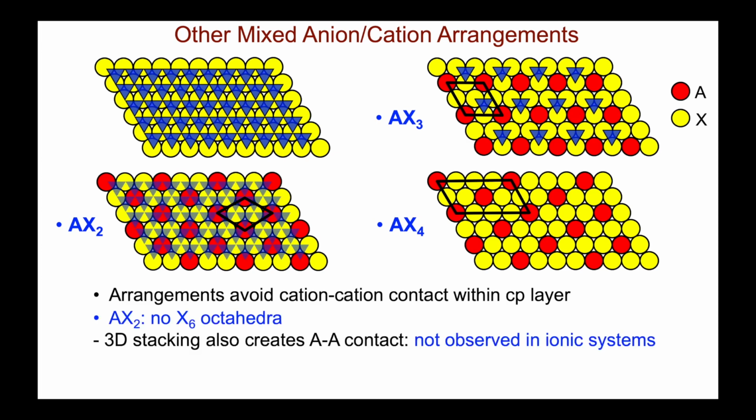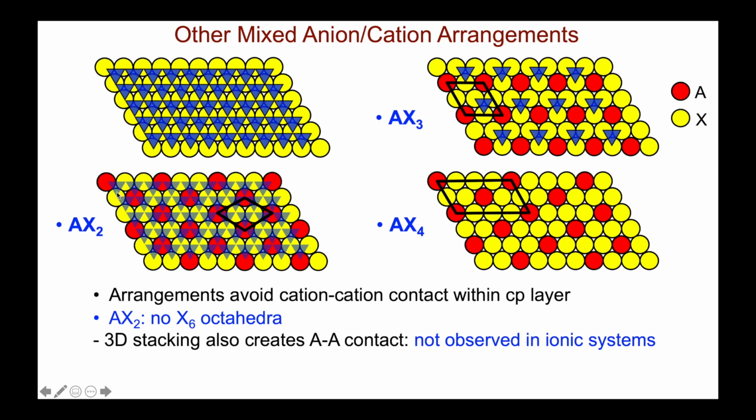However, for these two new examples, there are some issues. Let's first look at the AX2 layered cation-anion order. What I've superimposed on this layer is the base of the potential octahedral sites. And in contrast to the perovskite structure, where we could find sites where at the base of this octahedron it was all anions, here that's not possible.